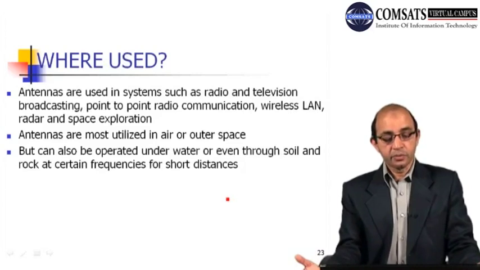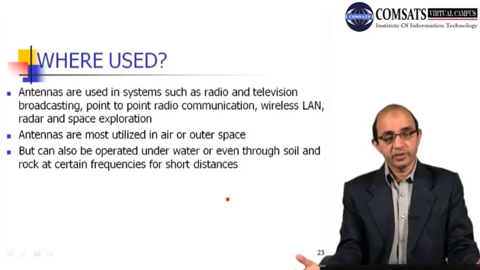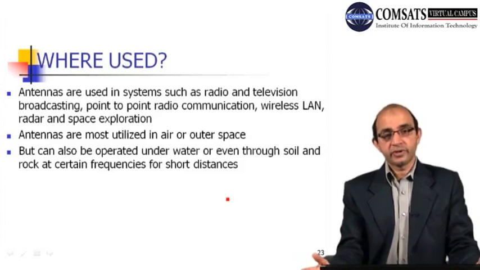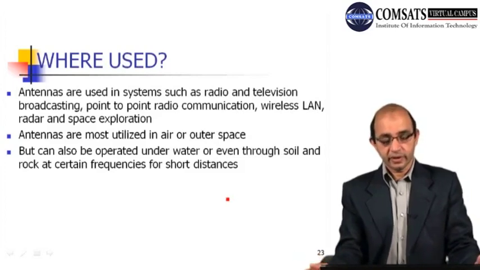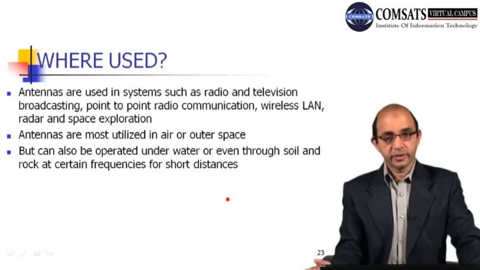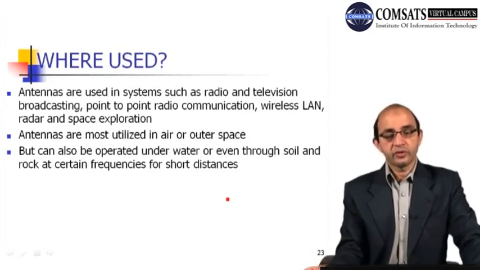They are mostly utilized in air or outer space, but can also be operated underwater. Water is also a medium that can be used to transfer data from one point to another. So to accommodate underwater communication, we need an antenna again.